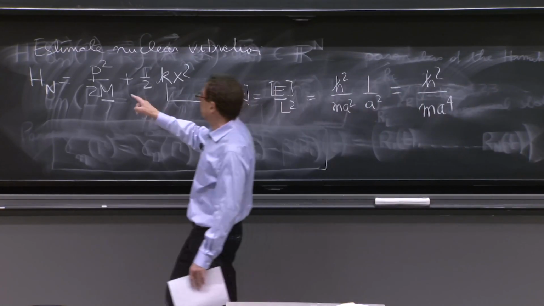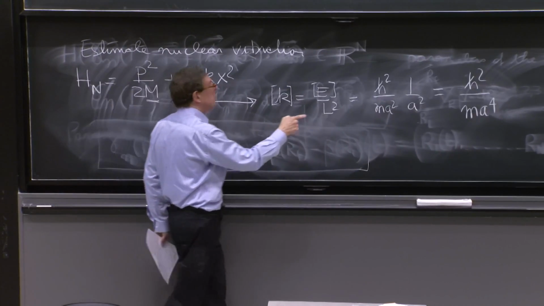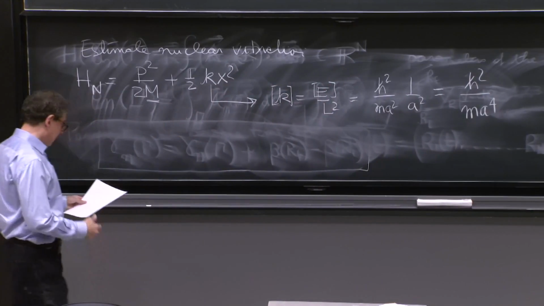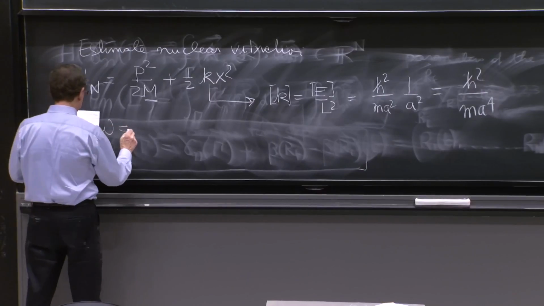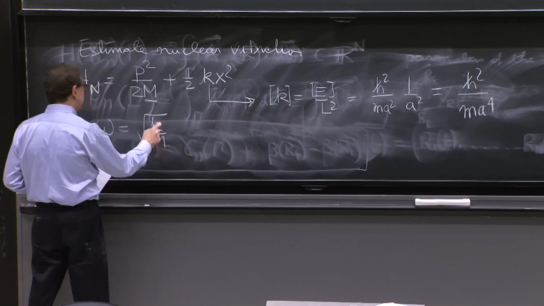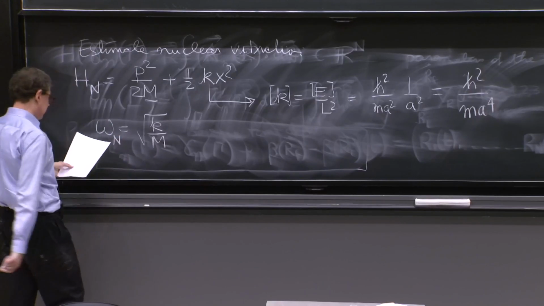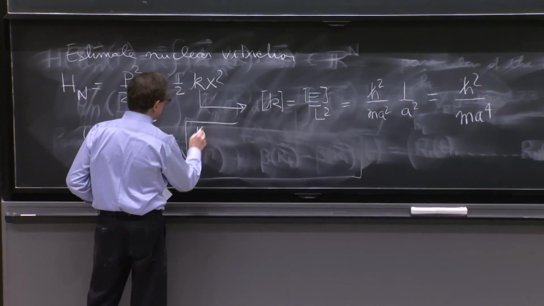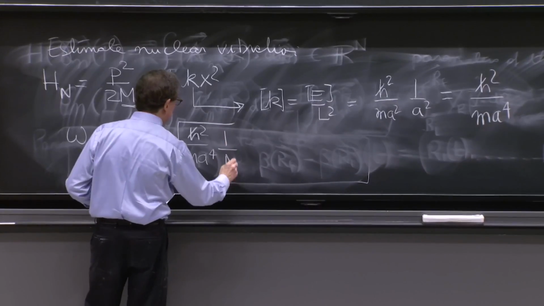That's definitely not the origin of the restoring force. So if the only mass you can use is the mass of the electron, it can only be that. But then the frequency omega is square root of K over M. That is the mass of the nuclei. So the nuclear frequency is this, and it's therefore equal to h bar squared over m a to the 4th times 1 over M.